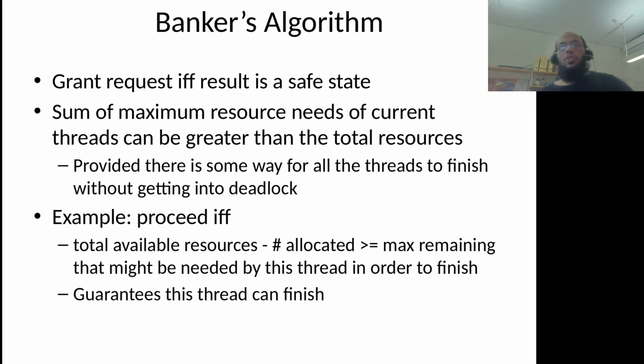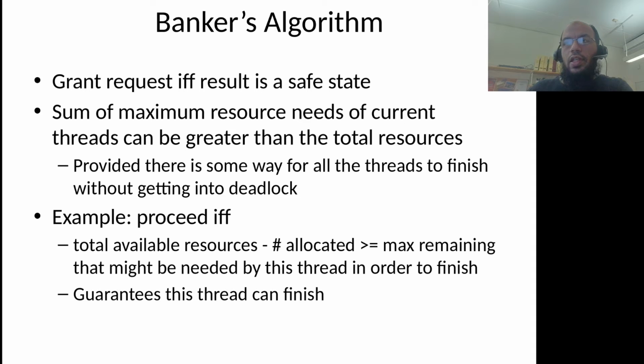You grant requests if and only if they result in a safe state, and the sum of the maximum resources needed by current threads can be greater than the total resources. So you can proceed, even with more resources being allocated in theory to threads than are available, but you still have a way to finish, maybe by blocking some operations.